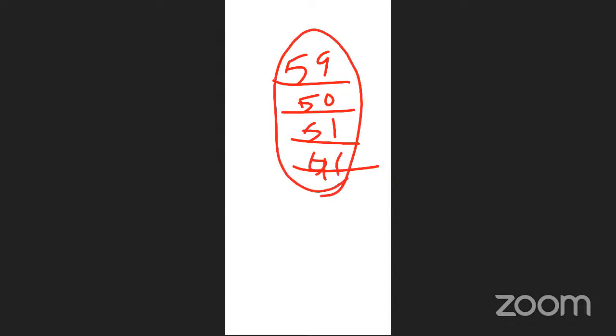As you are doing this, what will the robot do? The robot will say, I bought at 59. I bought at 50. I bought at 51. I bought at 49. What is the average price of these four? Let me say the average price is 49.